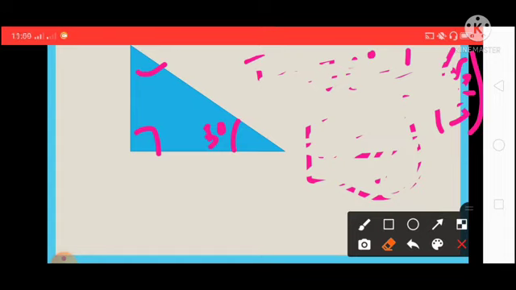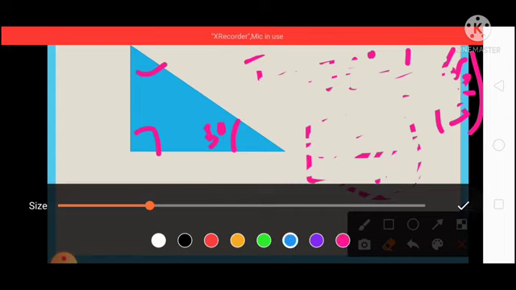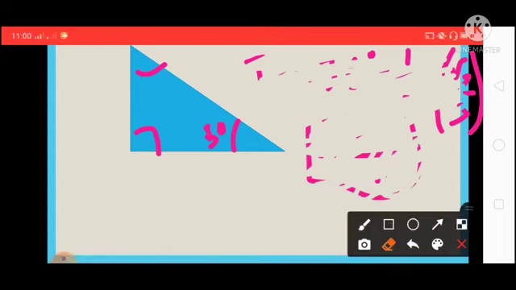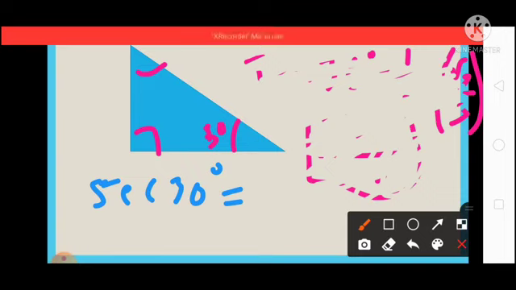Now we have to find the value of secant 30. Secant 30 is equal to, using SHA, the hypotenuse over the adjacent.